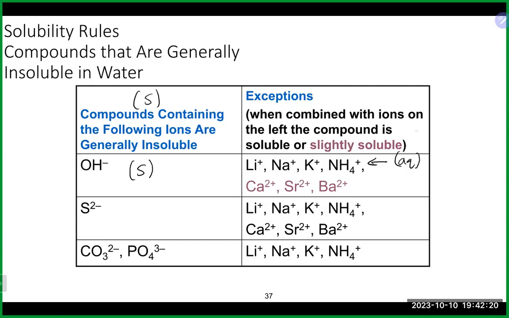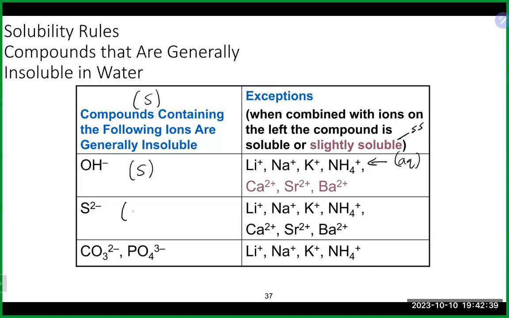Sometimes you'll see SS for slightly soluble. Most of the time, slightly soluble leans more towards being insoluble. So most people think of it as being insoluble if something is slightly soluble. So usually insoluble, sort of how you would treat those guys.